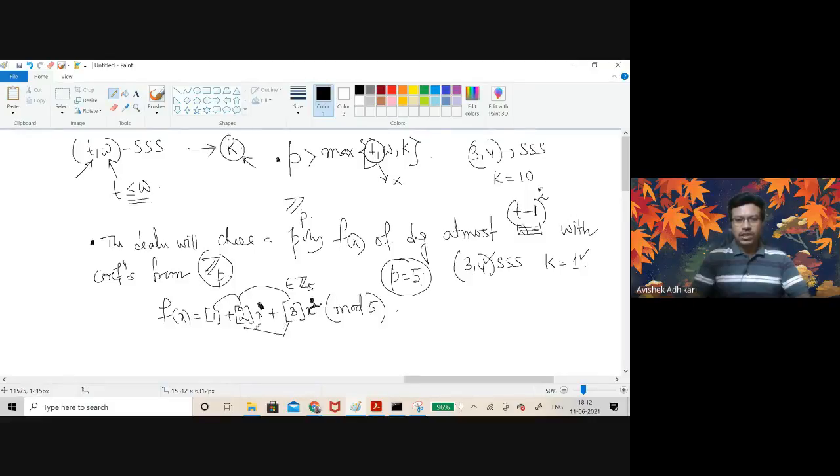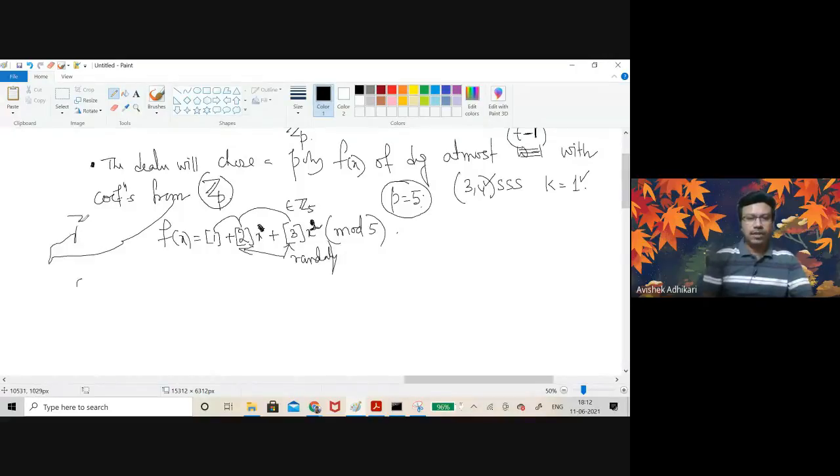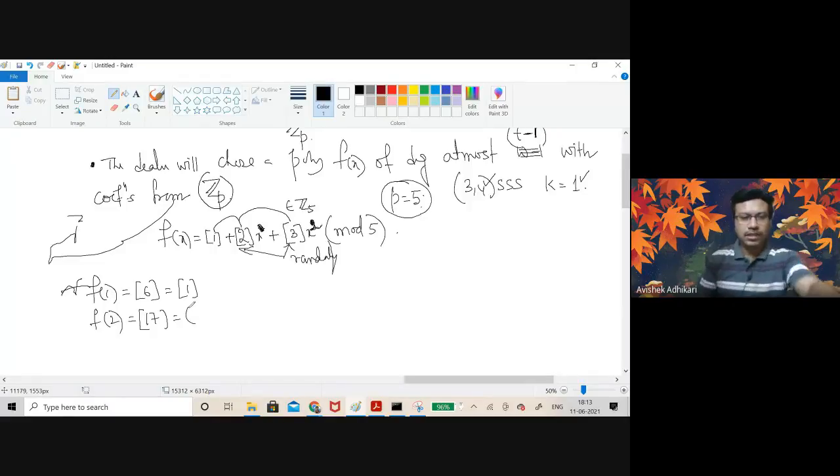The dealer has chosen these values randomly. And then again the same story. If you consider this, what is my F1? My F1 value is 1 plus 1 plus 1, that is 6, that means class 1. What is my F2? F2 was 17, that means class 2.